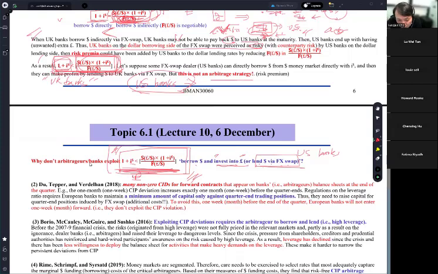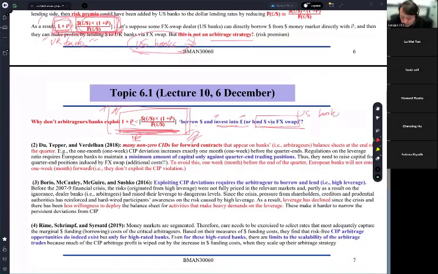And one more thing, after the financial crisis, counterparty default risk is not that big, right? So what's going on? This guy says basically there is an additional cost for exploiting this arbitrage strategy. This is the so-called limit to arbitrage case. There is a limit to arbitrage.